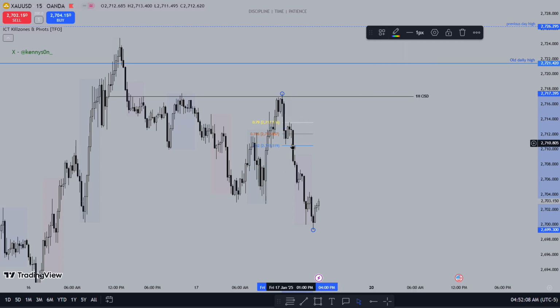See that this fair value gap is at the optimum trade entry for a short. We took out this sell side, we took out this sell side. We did not wick below it. You see how we're failing to get a clean setup to the upside. We are not going to total that. We should continue lower. That's my prediction.